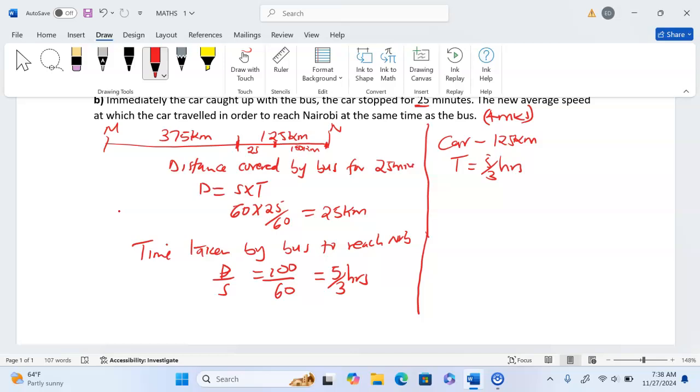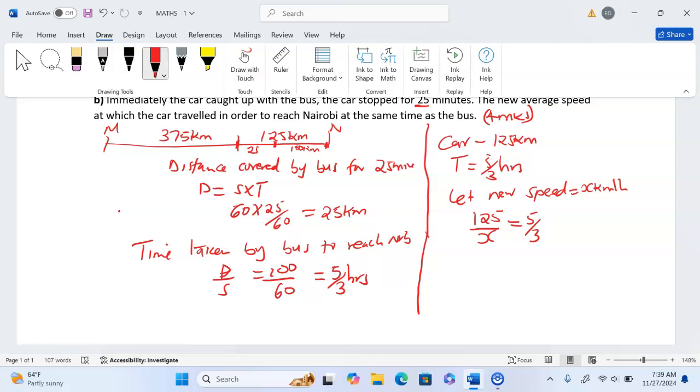So at this point, we are able to get the new speed of the car. So we can say let the new speed be x kilometers per hour. If you take the distance to be covered by the car, which is 125, divided by the new average speed, it must take exactly 5 over 3 hours.